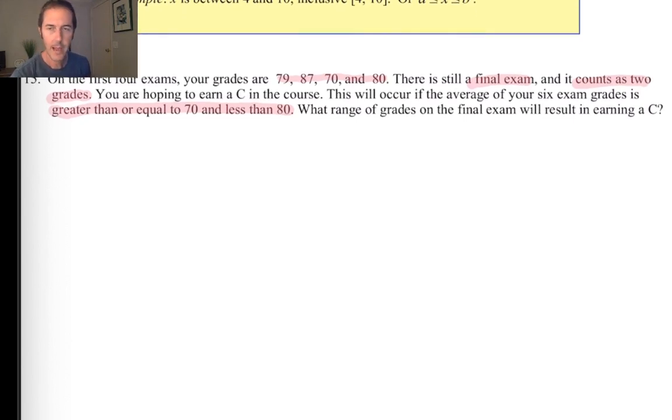How are we going to find the average of all of our scores? We add them up and divide by the number of scores. So we've got a 79 and an 87 and a 70 and an 80, and my final exam score counts as 2 test scores, so whatever I get on it, I'm going to have to add it in twice.